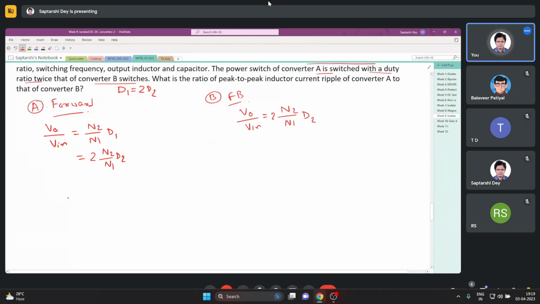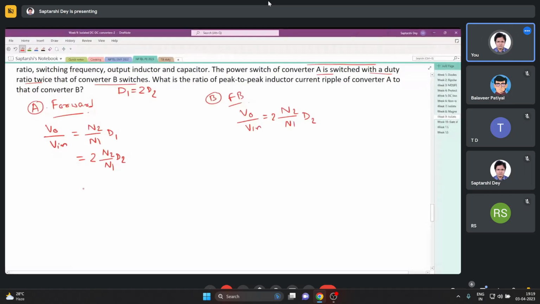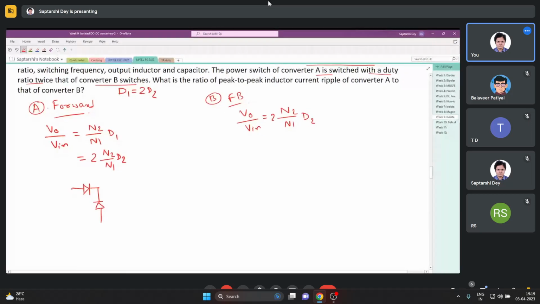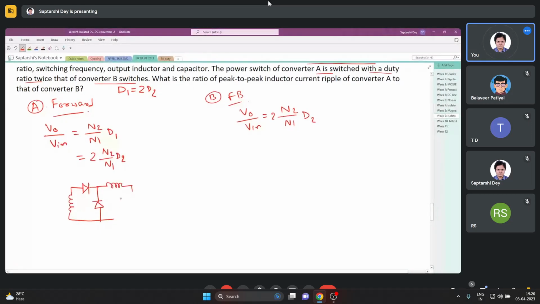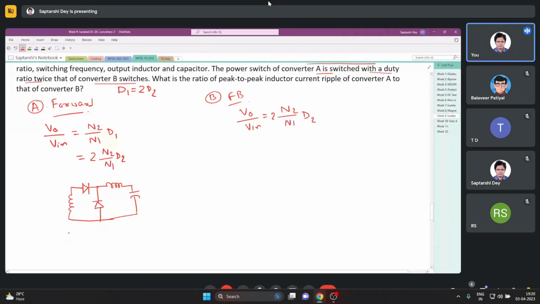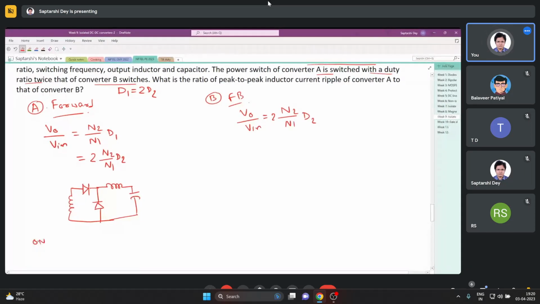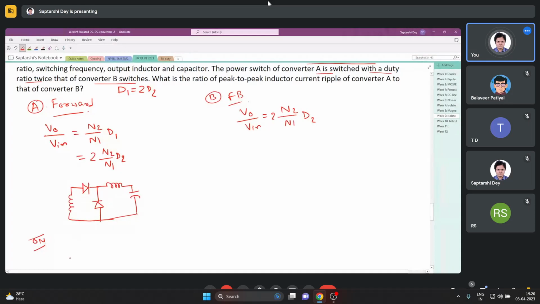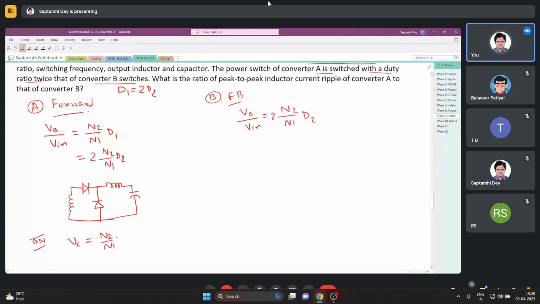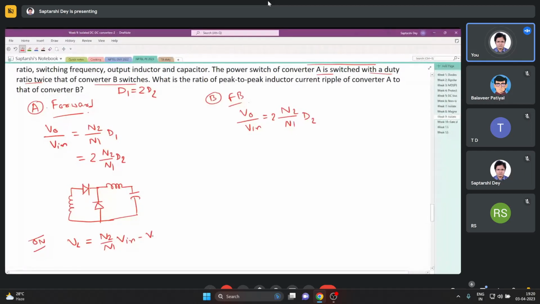Now you see, for the forward converter, let me draw the secondary quickly. Say this is the secondary. Now when the inductor is turned on, what is the voltage across it? The voltage across the inductor is the voltage reflected here minus Vout.